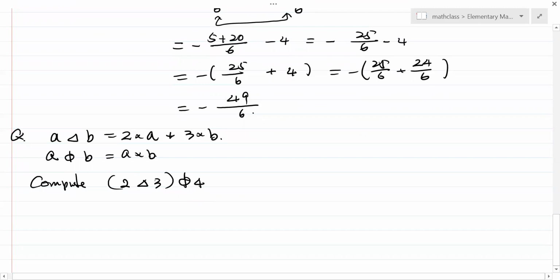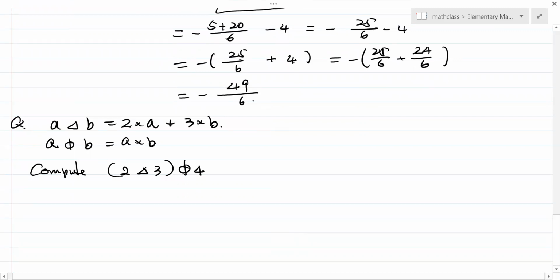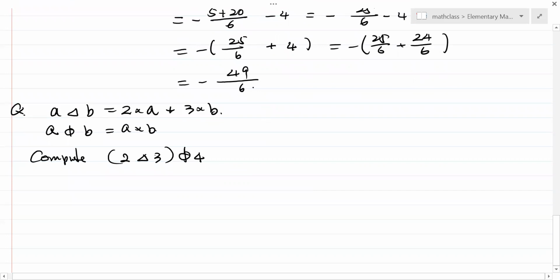My suggestion is you have to compute 2 triangle 3 first. You can work on 2 triangle 3 separately, but you can also put it in bigger parentheses.